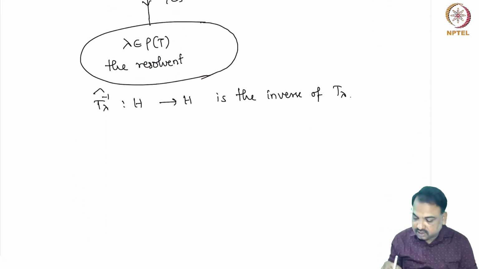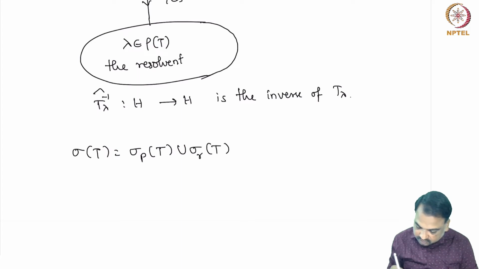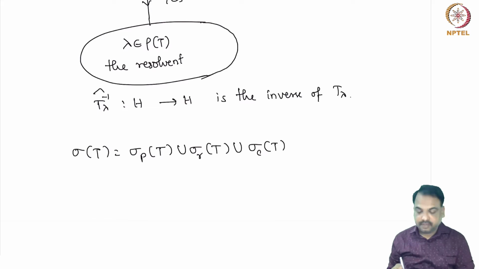We can write down the spectrum of T as the point spectrum of T union the residual spectrum of T union the continuous spectrum of T. Here this is a disjoint union of sets.